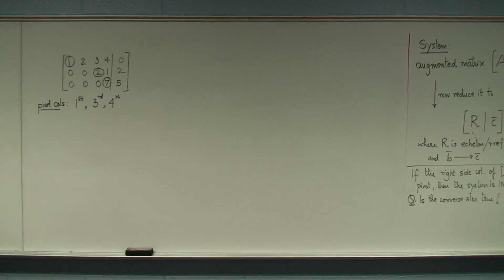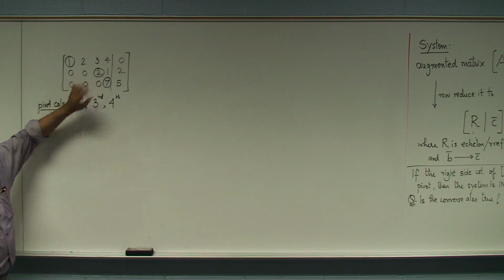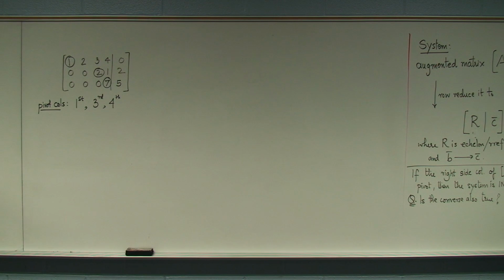The right hand side column, the fifth column, is not a pivot column, because 5 is not a pivot. Okay. So what we see is that every row has a pivot, and all the pivots are within the coefficient matrix, and nothing is there in the right hand side.